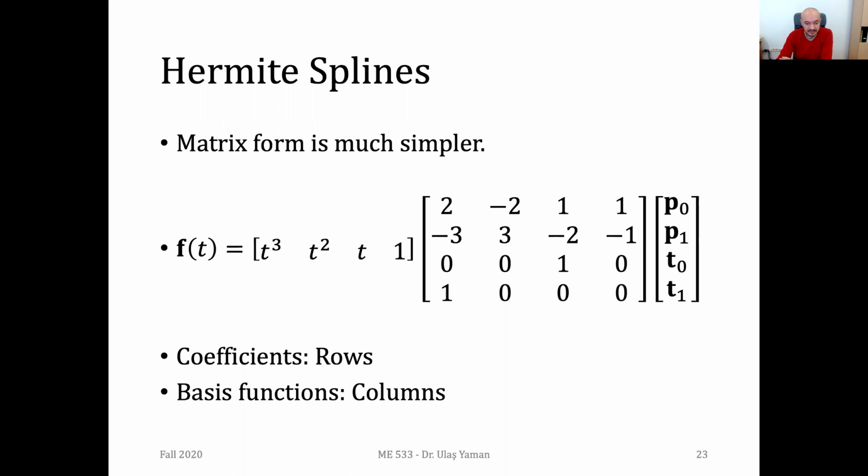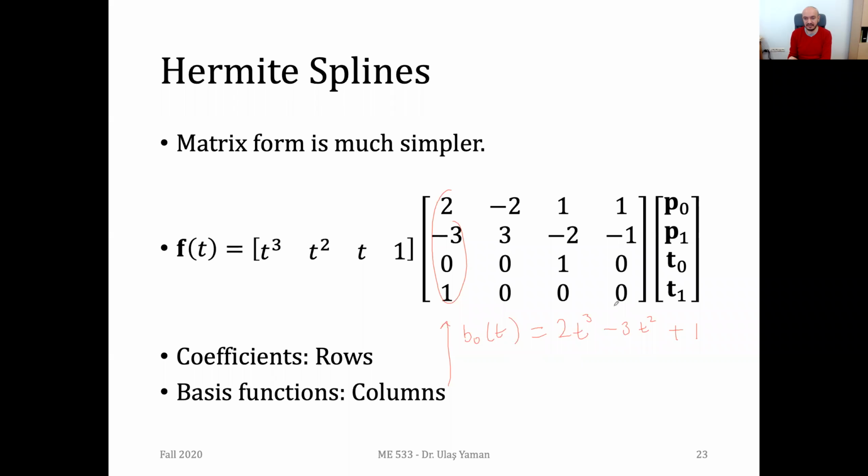So you can simply, for instance, draw the basis functions. Let's have a look at this basis function, B0 of t. What is that? It's 2t cubed minus 3t squared plus 1. This is our first blending function, or Hermite basis function.